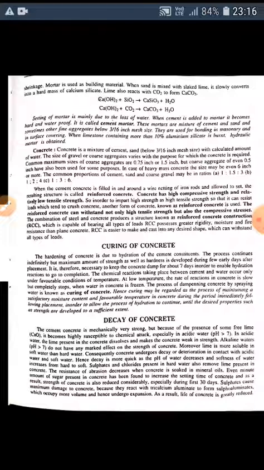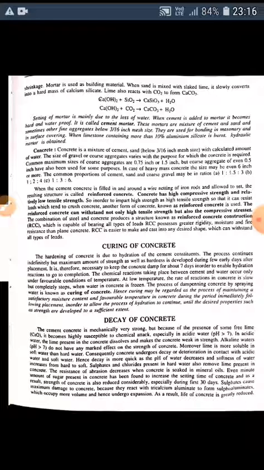cement and water occur only under favorable conditions of temperature. At low temperature, the rate of reactions in concrete is slow, but it completely stops when the water in concrete is frozen. The process of dampening concrete by spraying water is known as curing of concrete.